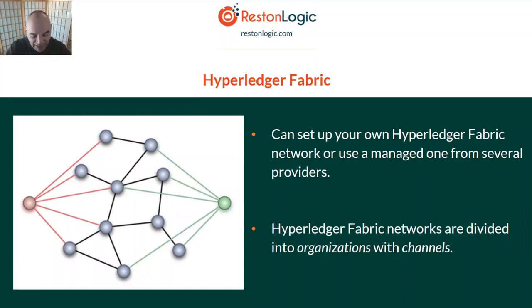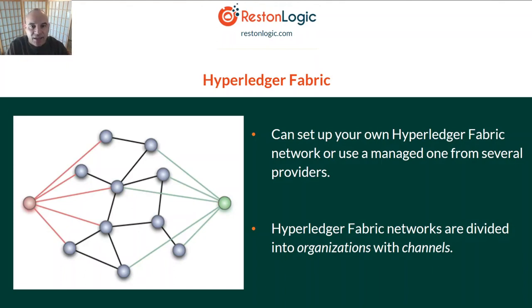If you imagine, for example, 10 companies that are going to be participating in a Hyperledger Fabric network, each of those 10 companies will contribute one or more computers. The computers donated by each company will likely be defined to be part of a separate organization. So you'll likely have a separate organization for each company.